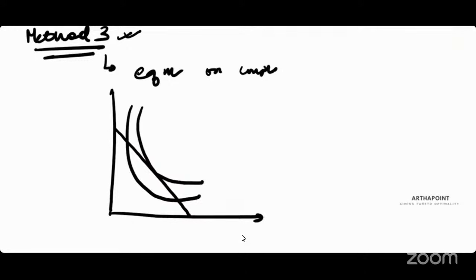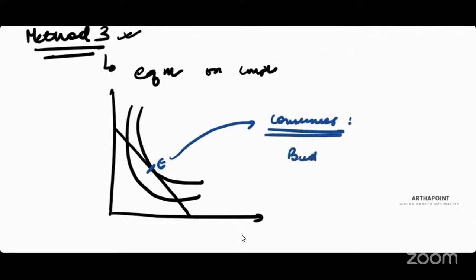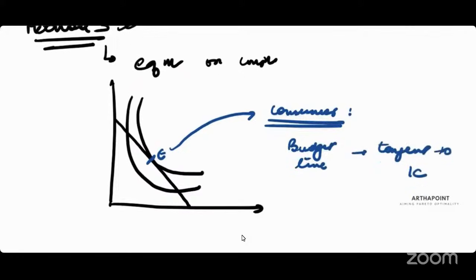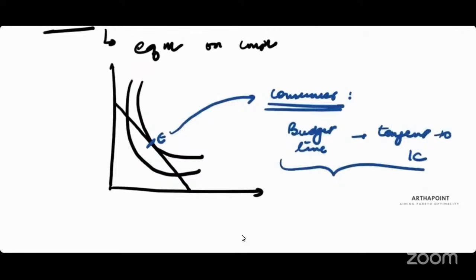And we reach that highest indifference curve at the tangency of budget line and indifference curve. So the equilibrium condition for a consumer is always where budget line is tangent to indifference curve. Tangency always means that the slopes are equal.